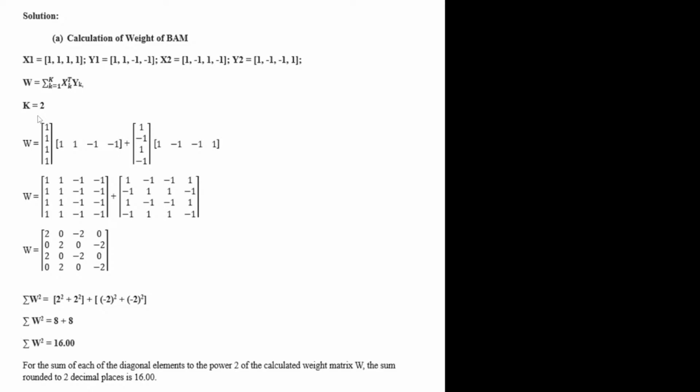And then once we have that, the next step is we have to do the x transpose, and y remains the same, and we have to multiply each pair and add them together. So here this is x1, you see 1 1 1 1, but we do the transpose, so whatever is horizontal is going to be vertical, and y remains the same, and then we do the multiplication.